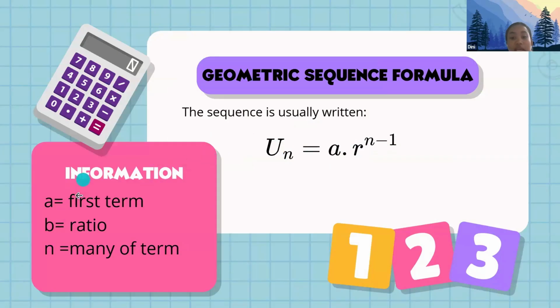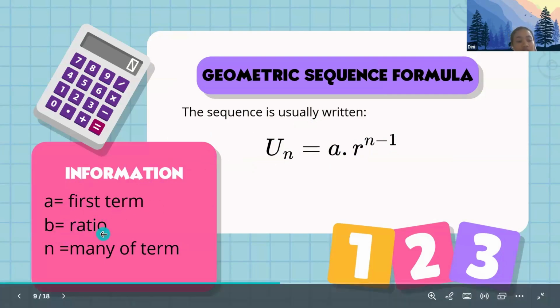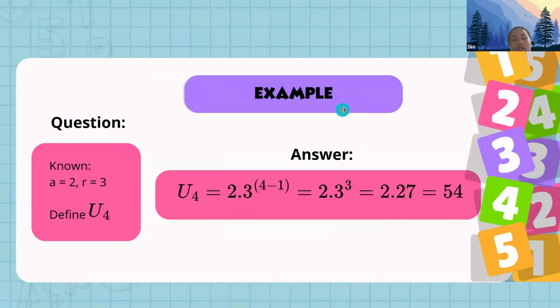The information: a equals the first term, r equals the ratio, and n equals the number of terms. The example for a geometric sequence: a equals 2, ratio equals 3, define term 4. The answer is 54. Okay, does that make sense, guys?